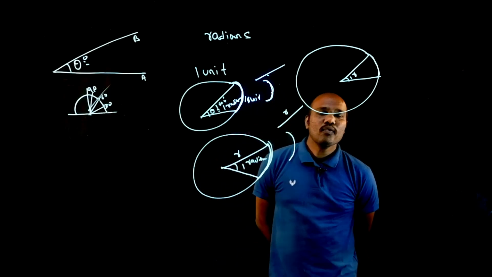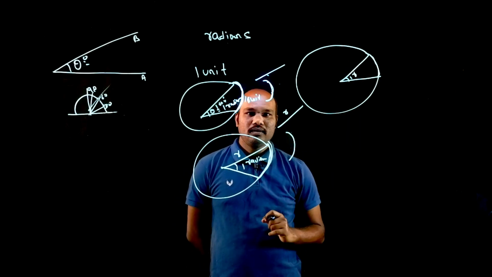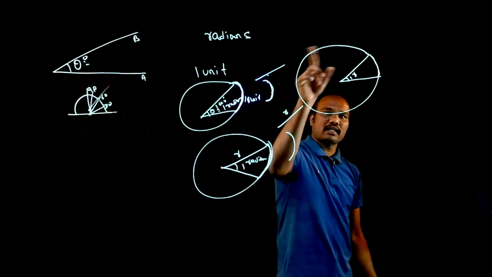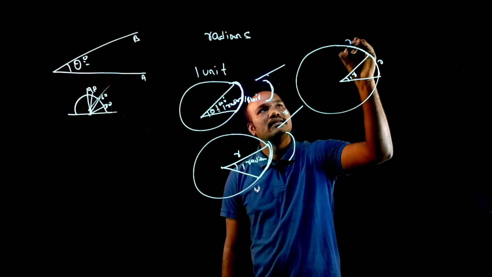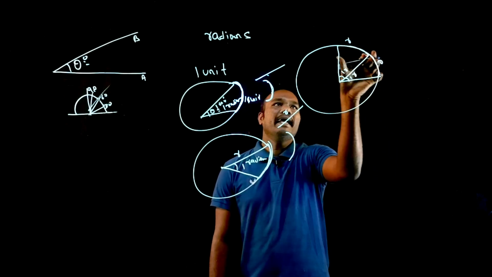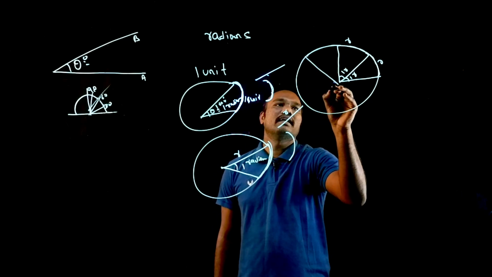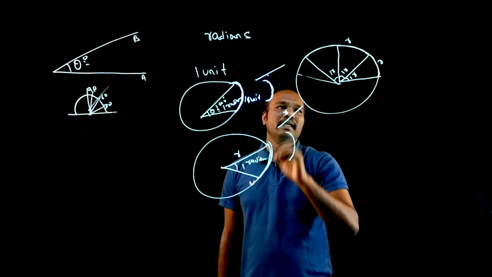Now if I want to measure the total angle of the circle, what do I need to do? Again, I will take R and do this. I'll get 1 more radian, right? Again, I will take R, do this once more, and I'll get 1 more radian, and some more of this.